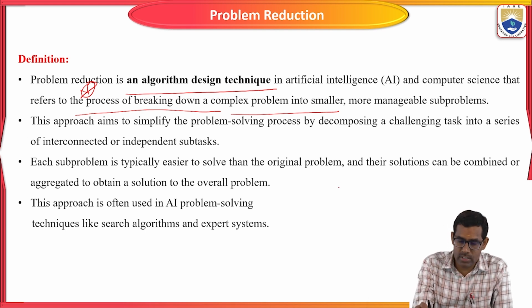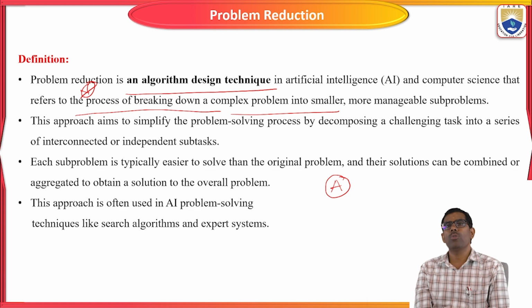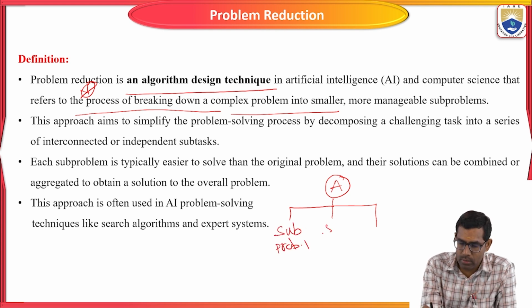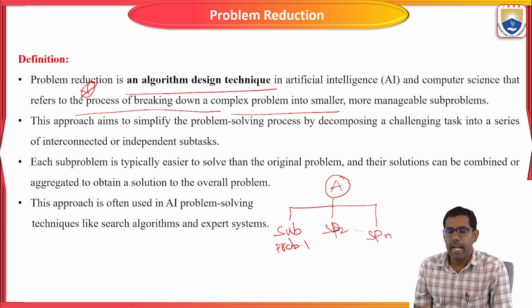For example, here we have one problem, A, which is a complex problem. We are going to divide it into sub problem one, sub problem two, up to sub problem n.